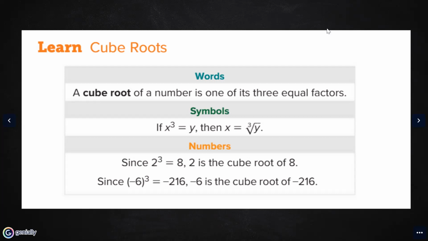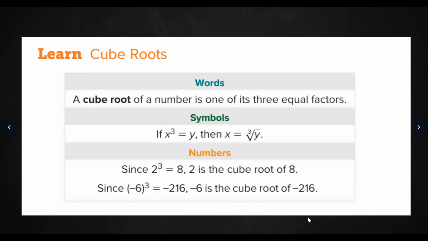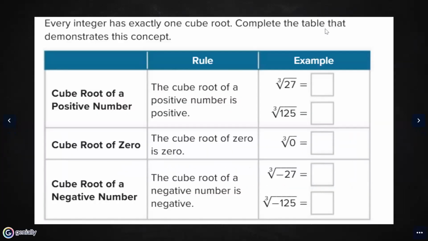Okay, let's do it with numbers. Since 2 cubed is equal to 8, 2 is a cube root of 8. Since negative 6 cubed is equal to negative 216, negative 6 is a cube root of negative 216. Okay, let's see an example of this with numbers.